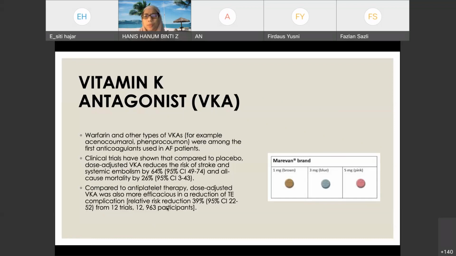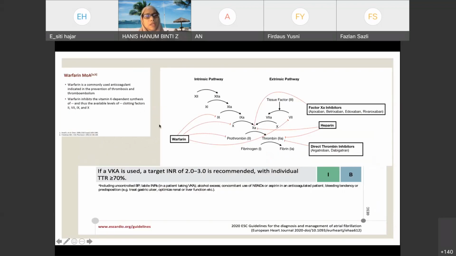Dulu memang diorang guna aspirin, tapi nowadays we have stopped recommending aspirin. For stroke prevention, we need to give your oral anticoagulant. So one of it is called vitamin K antagonist. Now, is the commonly used anticoagulant indicated in the prevention of thrombosis and thromboembolism?